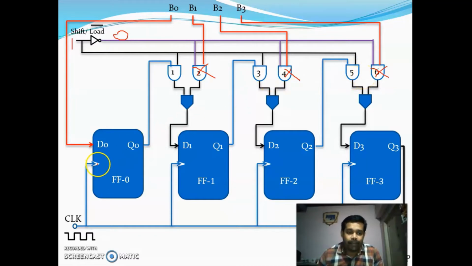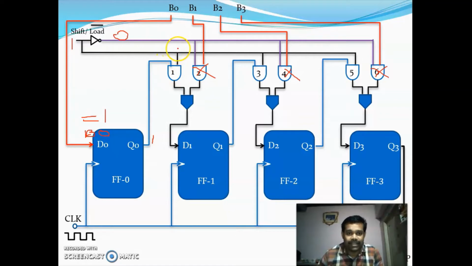Now while applying the clock pulse, the input that is present at B naught will be transferred to the Q output in the first clock pulse. Assume that B naught is equal to 1. So during the first clock pulse, this B naught will be transferred to this AND gate.